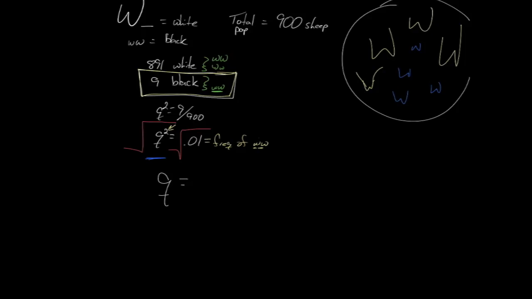And now q is 0.1, right? So now you have the frequency of your allele. So this is an allelic frequency. Yeah, this is your allelic frequency.